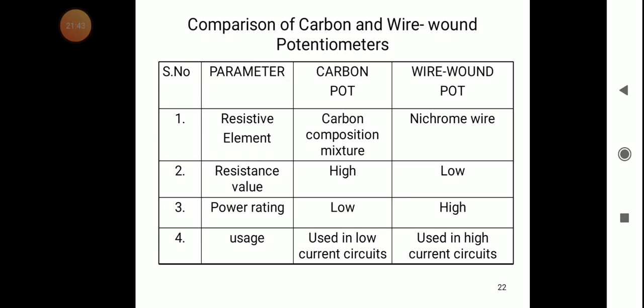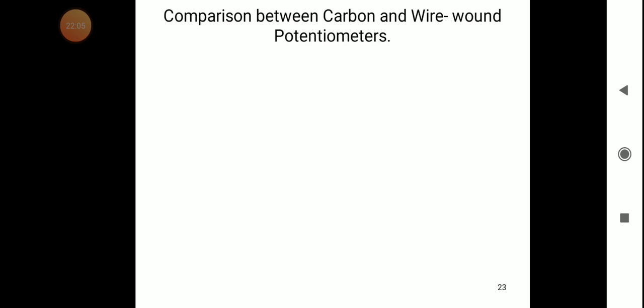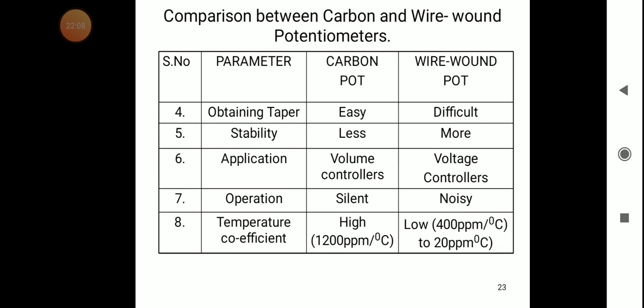The resistance value is high in the carbon part, low in the wire wound part. The power rating is low in the carbon part and high in the wire wound part. For usage, we use the carbon part in low current circuits, and the wire wound part in high current circuits.